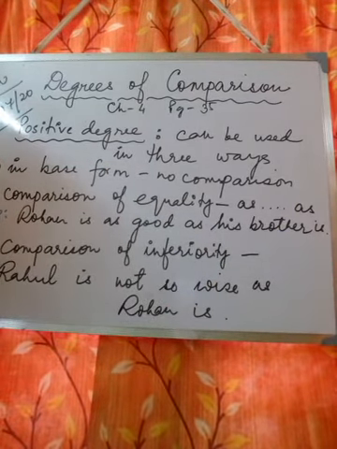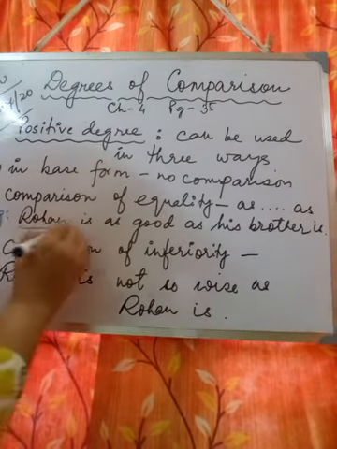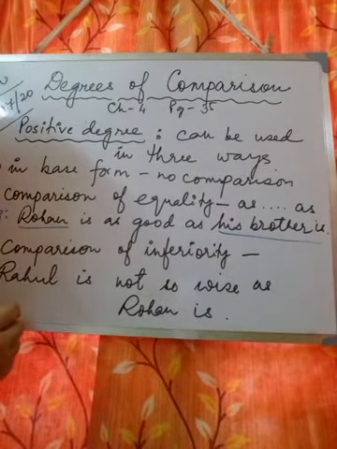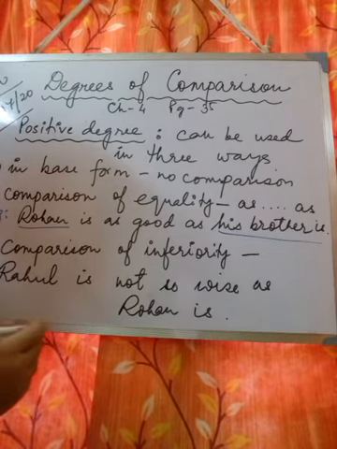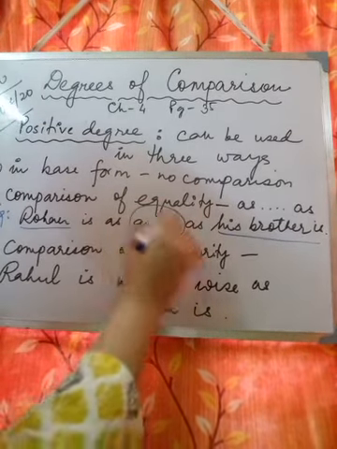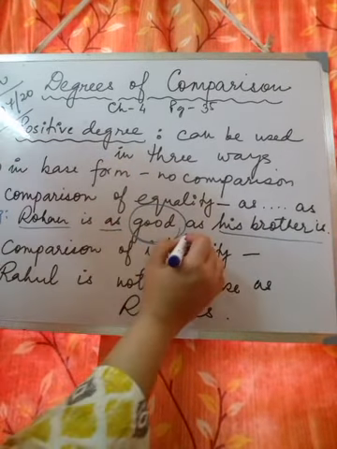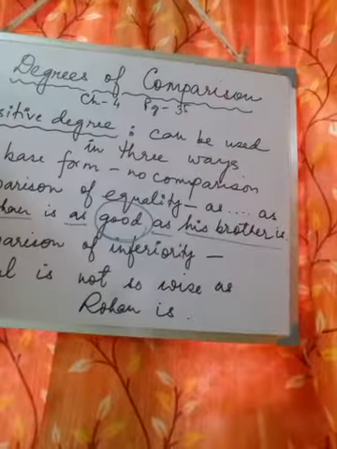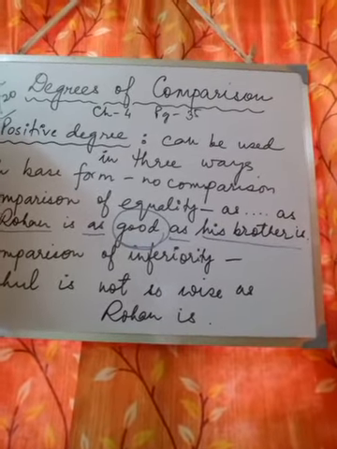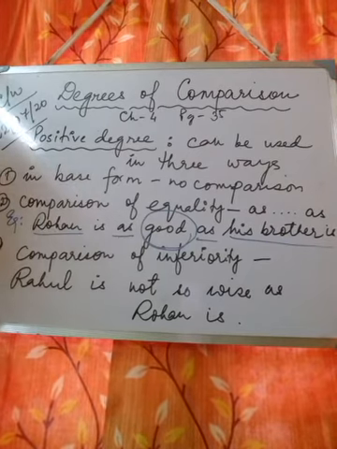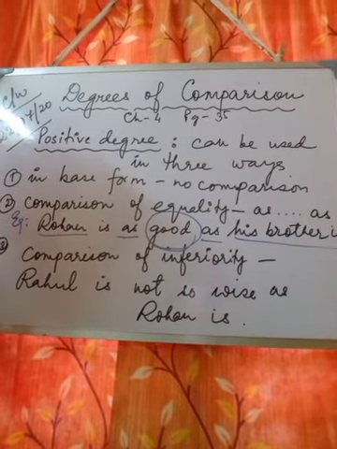Here a comparison is made between Rohan and his brother, and we compare both the brothers as equally good. So the positive degree is good, and we use as before the positive degree, we use as after the positive degree. So this is how a comparison can be made by the use of the positive degree in order to imply equality.